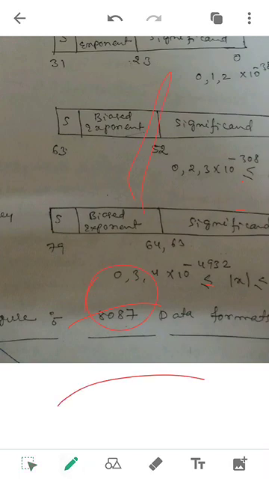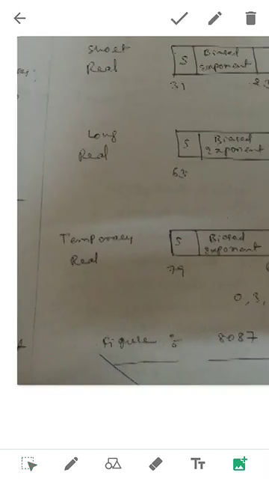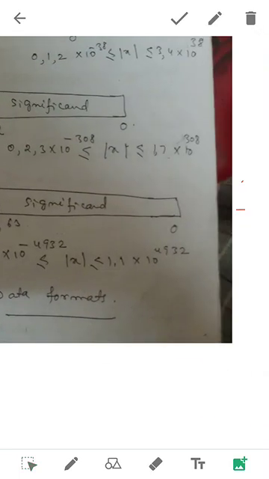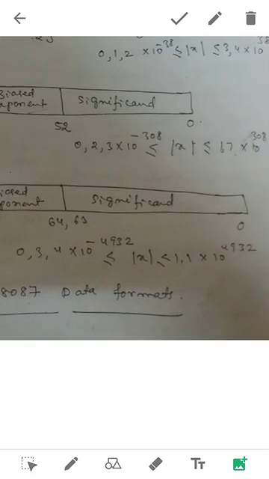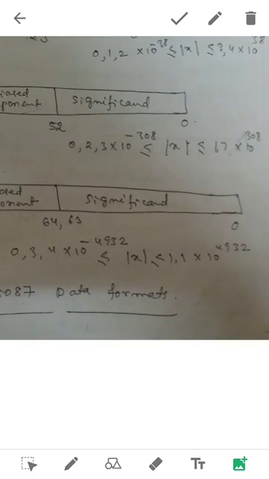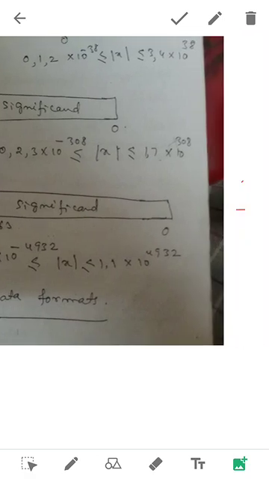So here you can see 0 to 79, and the range is 3.4 times 10 to the power of minus 4932 to 1.1 times 10 to the power of plus 4932.